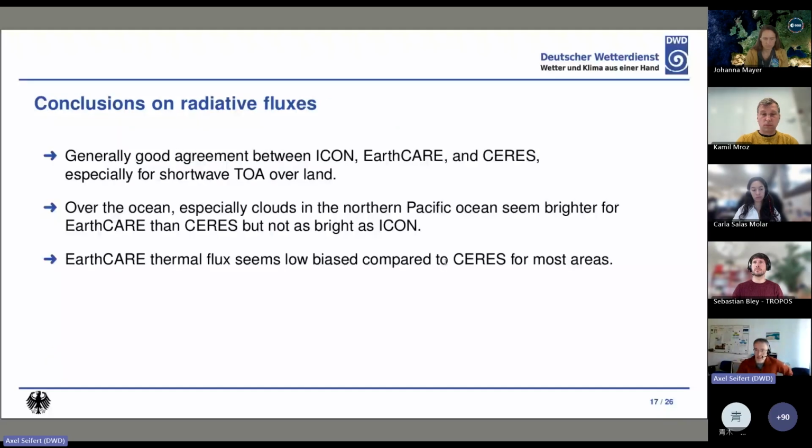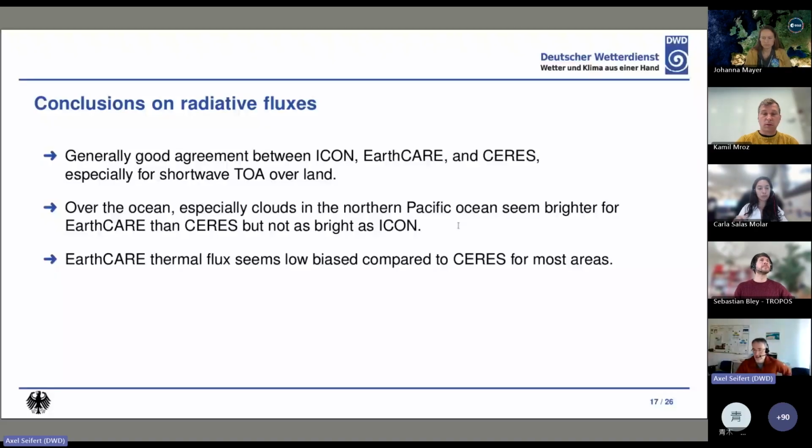Okay, some intermediate conclusions for the fluxes. In general, I would say we have a good agreement between ICON, EarthCARE, and Sirius, especially for shortwave top of atmosphere over land. But we have this interesting problem over the ocean, which is most pronounced in the Northern Pacific.